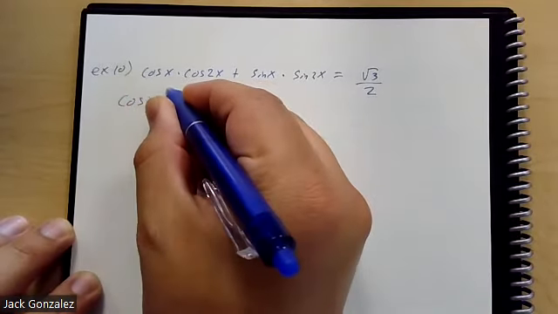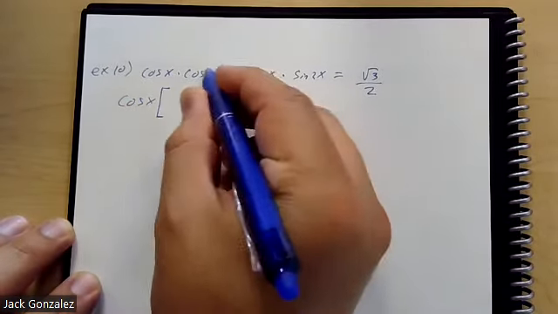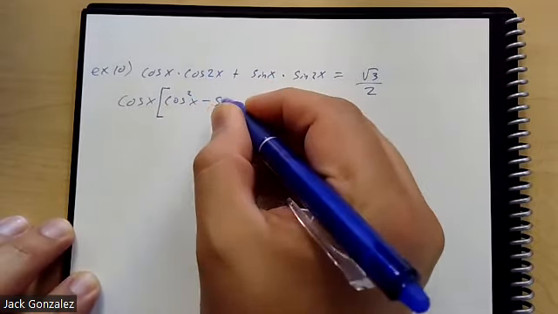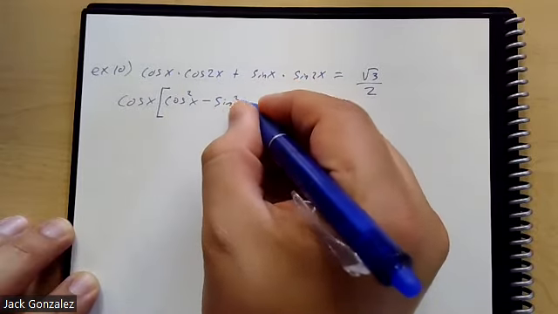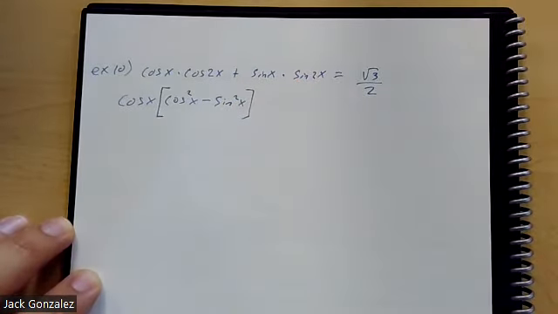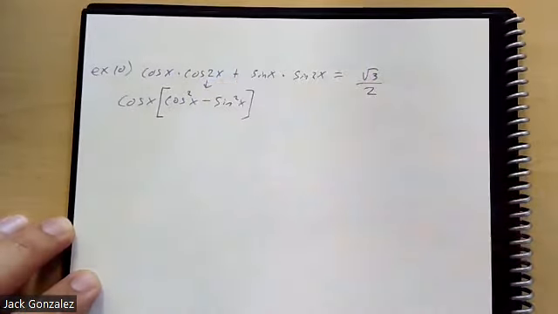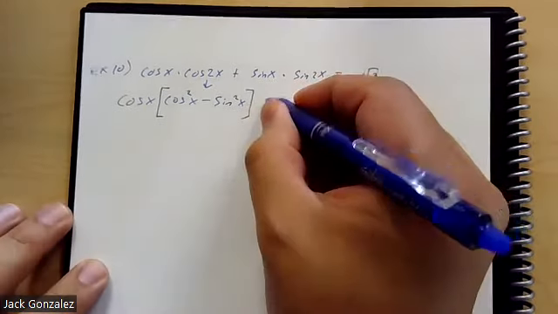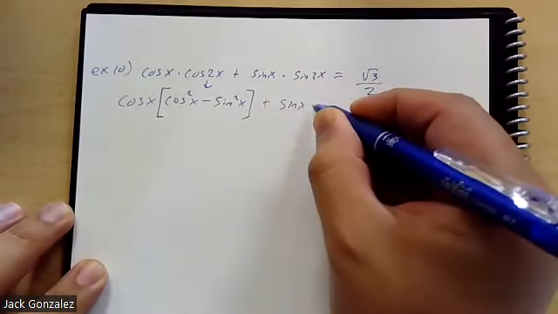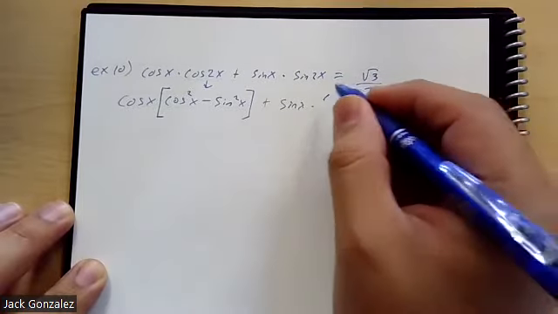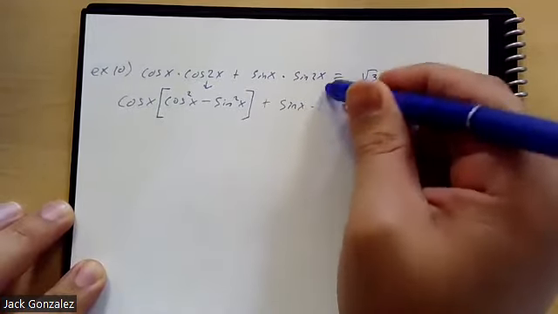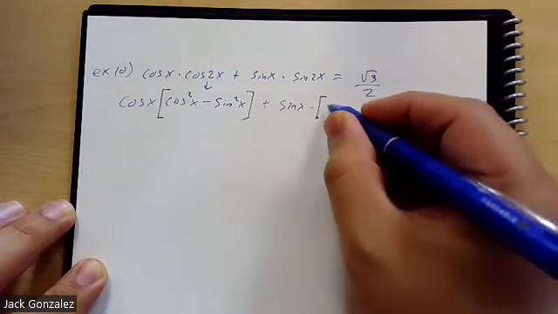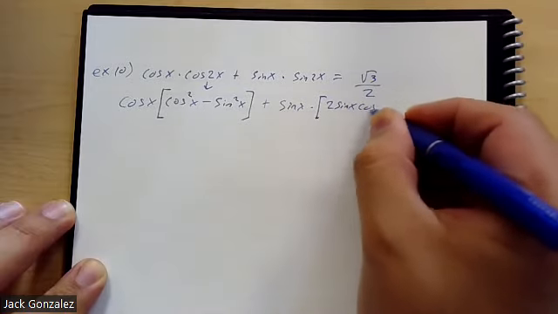Earlier I chose to use the double angle on this guy. Remember in the notes I said there's 3 forms for cosine double angle. One of them was this one, cosine 2x. Sine double angle was 2 sine cosine.